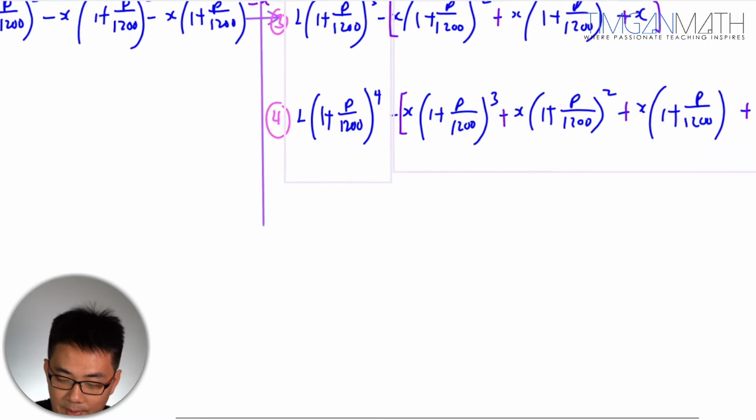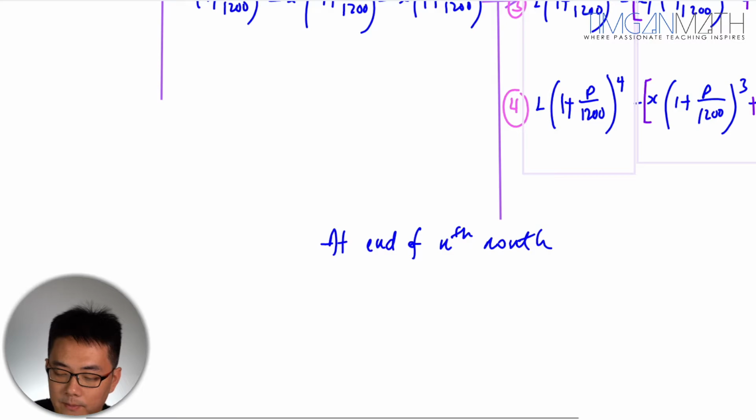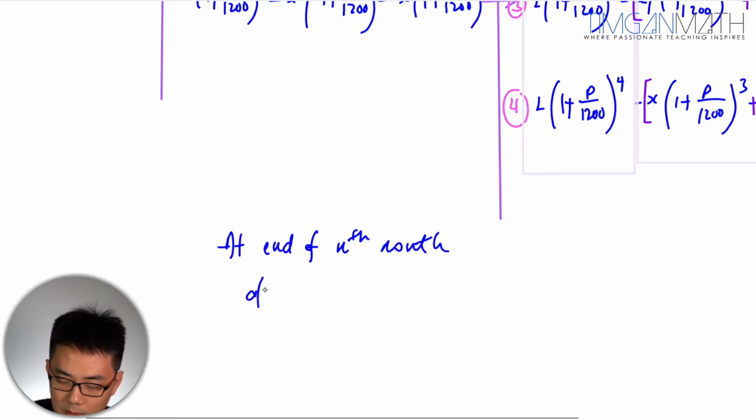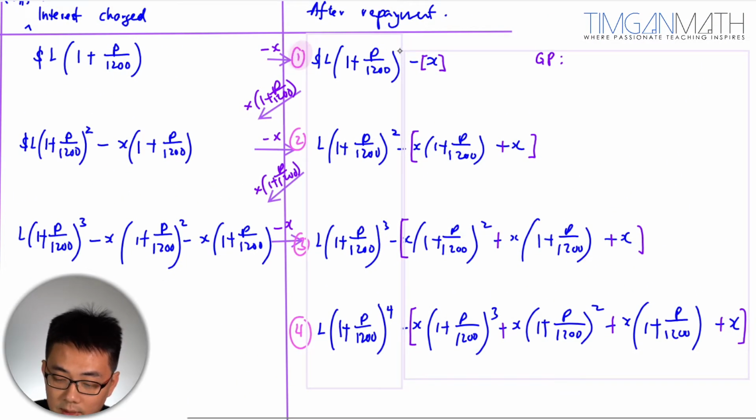So let's look at nth month. At the end of nth month, after repayment, they want after repayment, so just be mindful of that. Look at this running number. So when this is 1, this is power 1. Okay, this is quite straightforward. So when this is 1, this is 1. This is 2, this is 2, this is 3, this is 3, this is 4, this is 4.